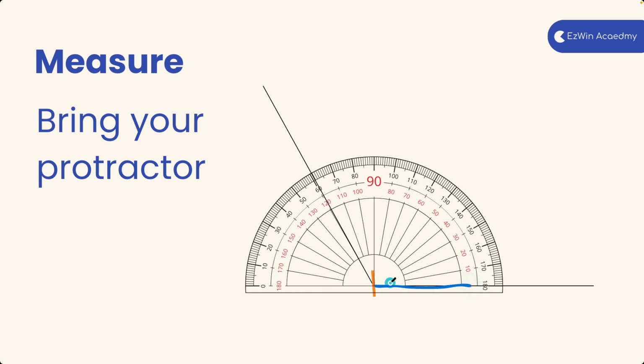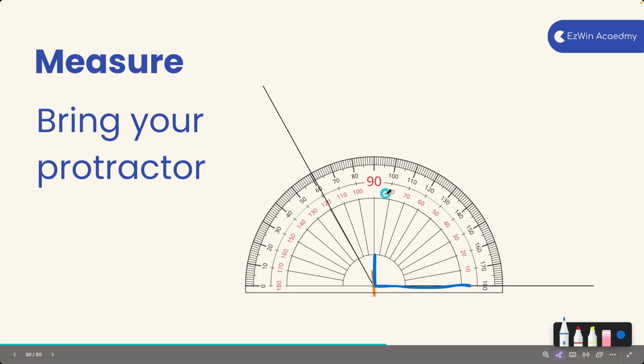Then the next thing is to align the notch, or the small line that you cut half of the angle itself, to the protractor. The protractor has a 90 degrees, and then you make sure you align like this. And this is how we measure our angle.